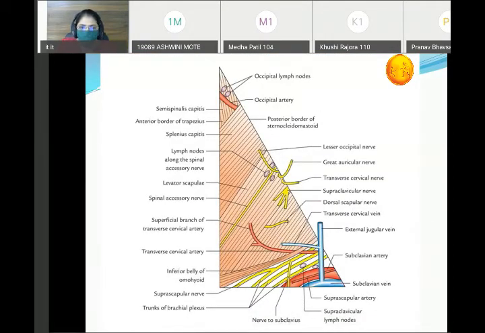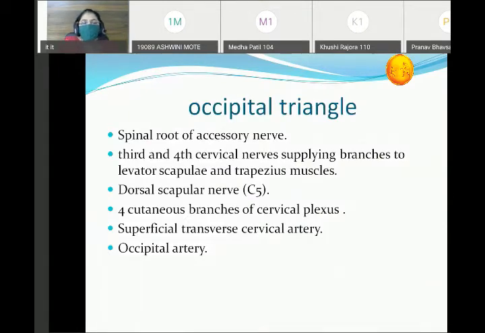Then third and fourth cervical nerve is supplying the branches to the levator scapulae and trapezius muscle. You know, the levator scapulae is supplied by the dorsal scapular nerve as well as the third and fourth cervical nerve, the proprioceptive fibers.